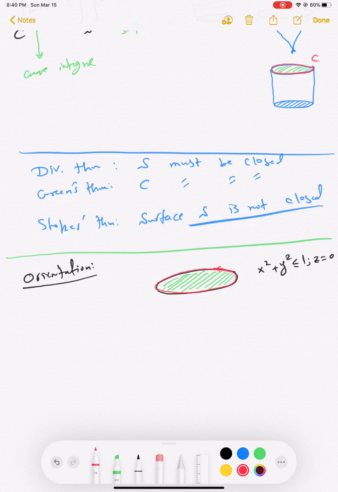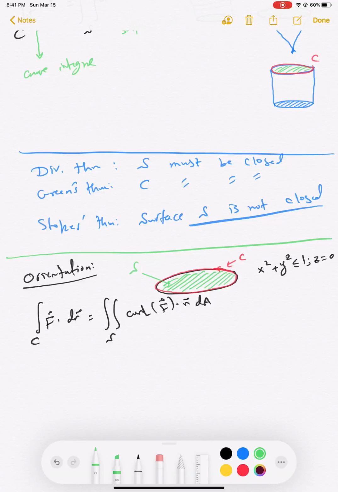So now we're saying that if you integrate over the curve, it will be equal to the integral of the curl over the surface. You integrate over this curve C, it's the same as integrating the curl over the surface S.